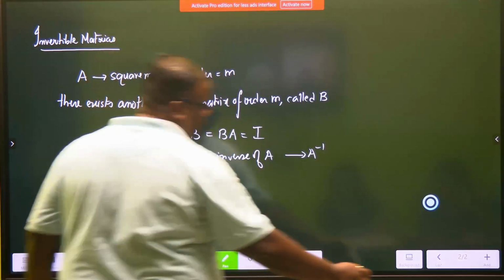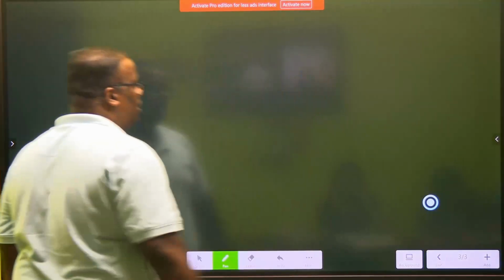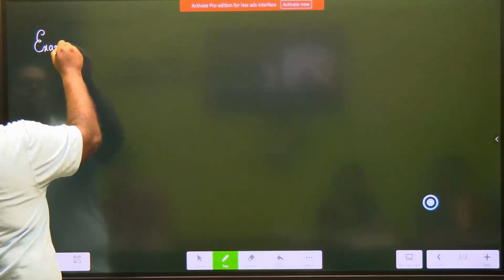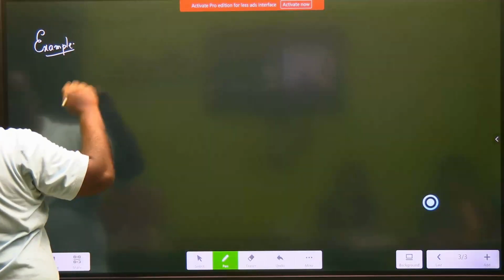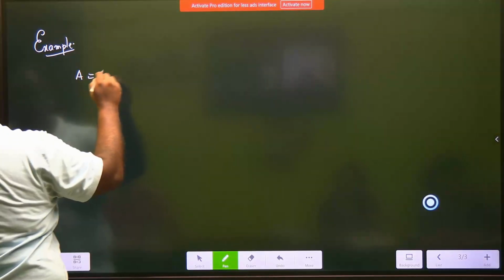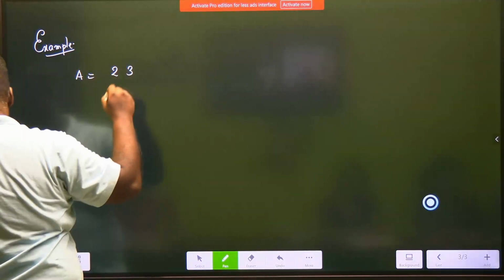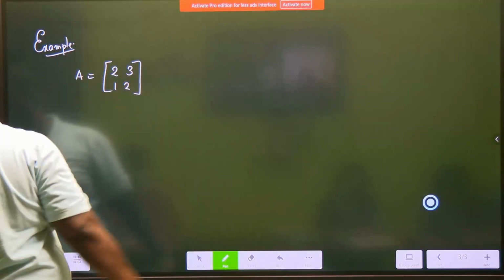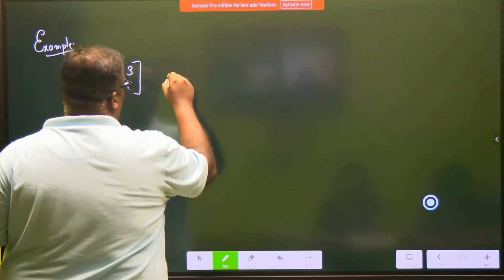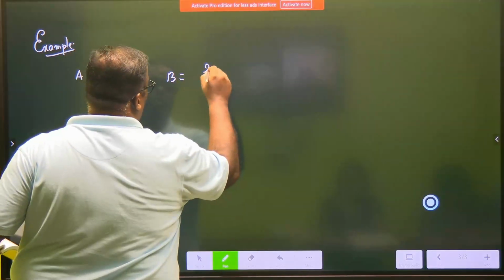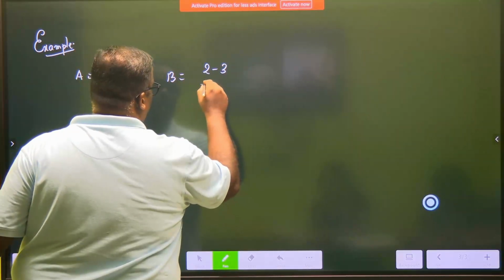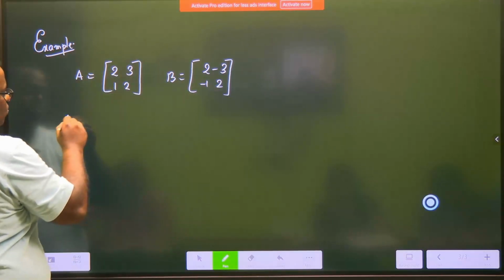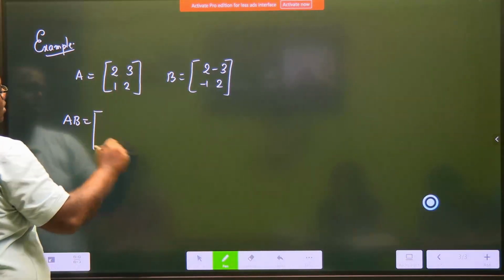Let's see some examples first, and then we proceed for finding out inverses. Our example is A is a matrix which is 2, 3, 1, 2, and B is a matrix which is 2, negative 3, negative 1, 2. Try to find out what is AB. How do you calculate AB?